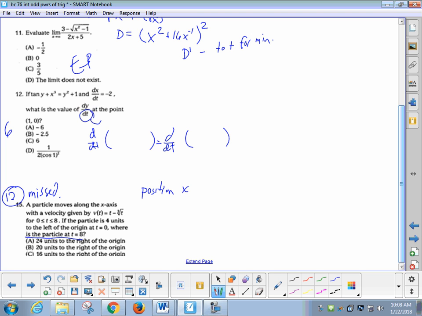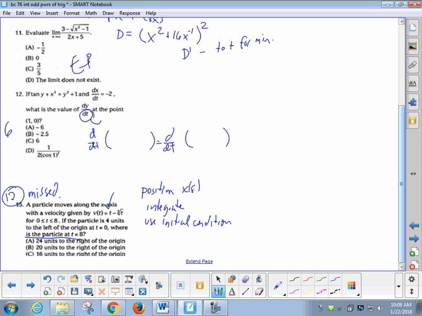At time 8. The 2 concepts here are to get position from velocity, you need to integrate, and you need to use the initial condition. It's usually the second part that people messed up.